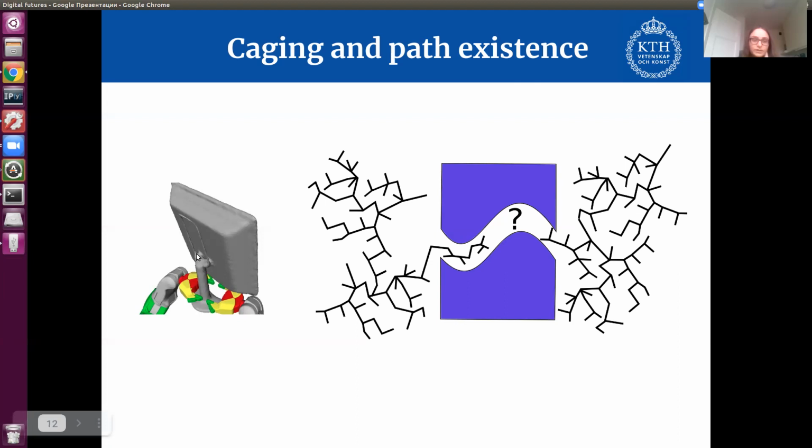So whether basically it can escape from the manipulators or not. As we can see, this problem is really dual to the problem of path non-existence, because here it's a more general question of whether an object can move from one configuration to another.